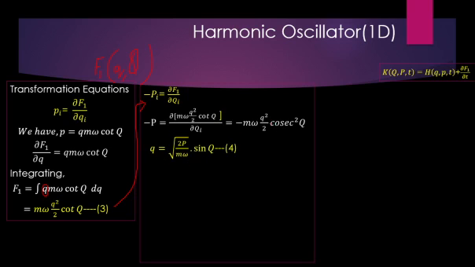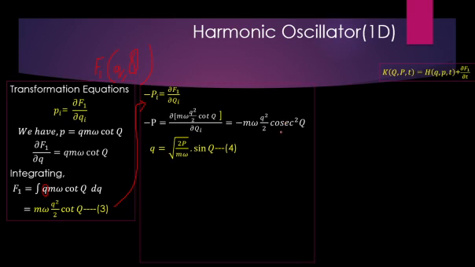By rearranging this equation, 2 will come up here, so it becomes 2P divided by m omega, and that would be in a square root because we are taking the root here to get q. So this becomes 1 by sin, cosec Q, which is sin Q.